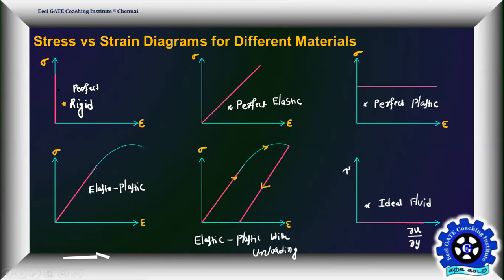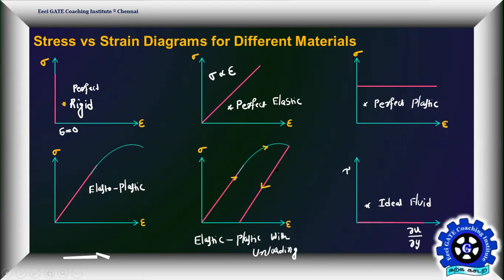So perfectly rigid: in this case, deformation is 0 here. Here stress is directly proportional to strain, and here stress is constant.